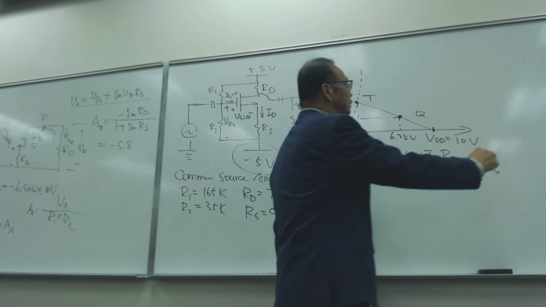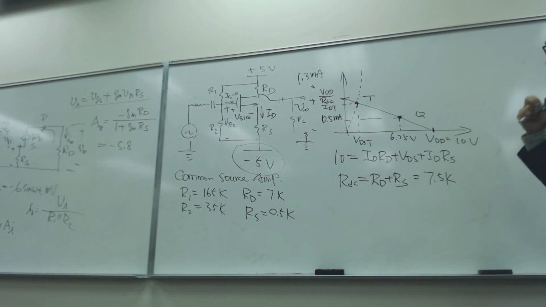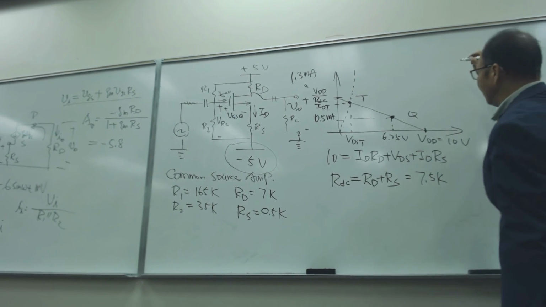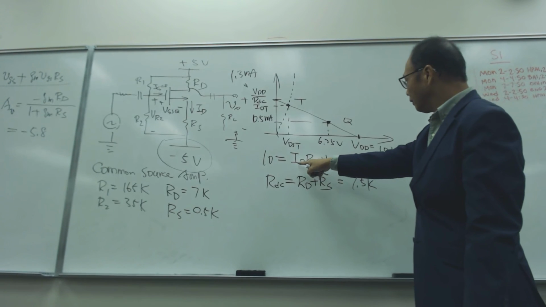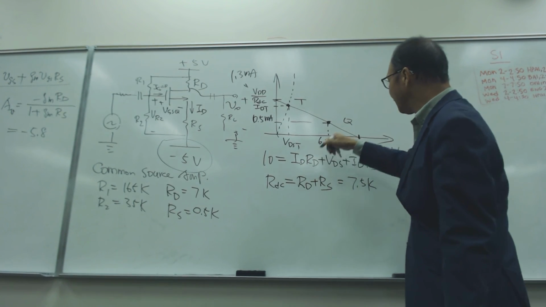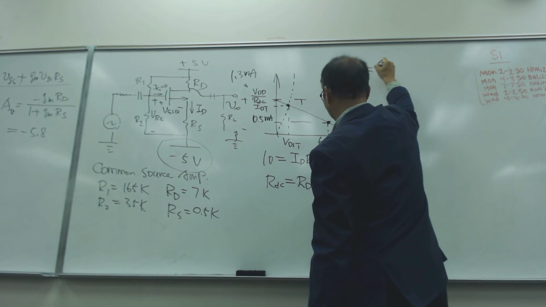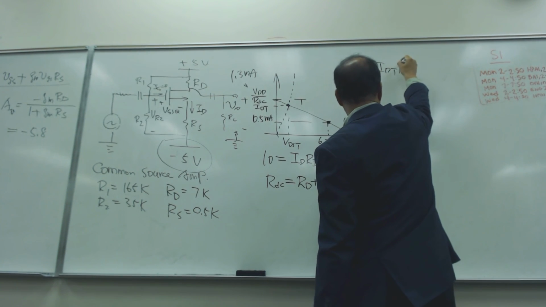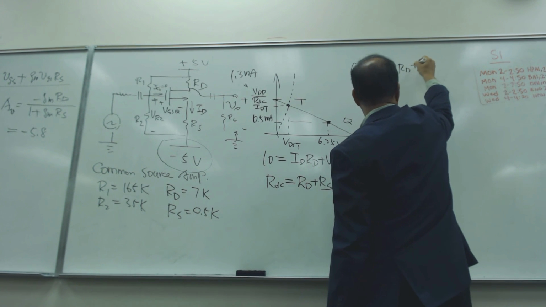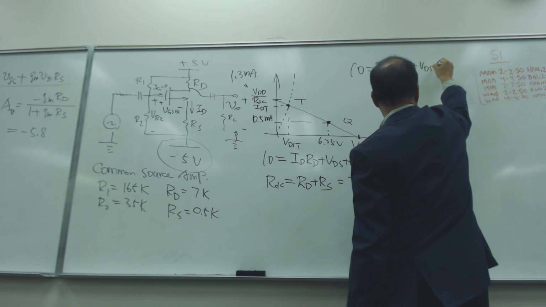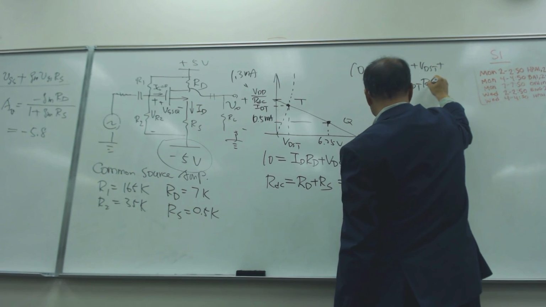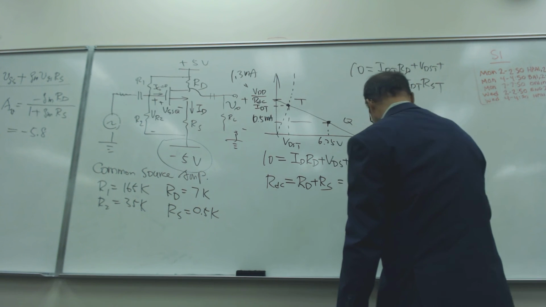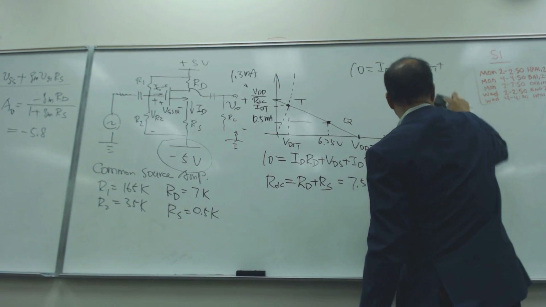All right. So how do we find the T point? The same equation, right? But the current and the voltage would have T now. So it's 10 equal to IDT RD plus VDST plus IDT RS.